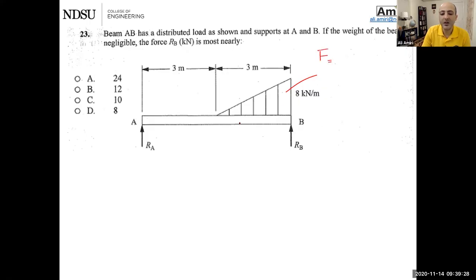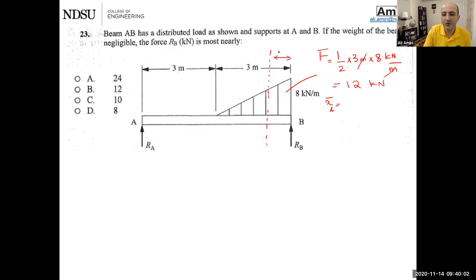The intensity is the area under the curve, which is going to be 1/2 of 3 meters, 8 kilonewtons per meter, and meters: 24, 12. Okay, 12 kilonewtons. The location of it, let's find the location from A, is going to be something about here.